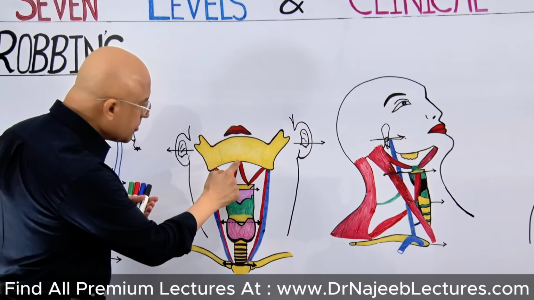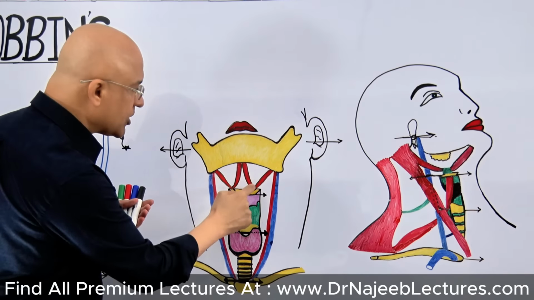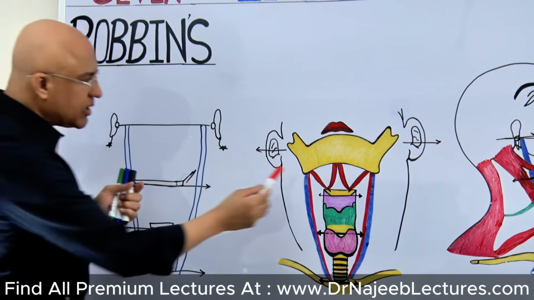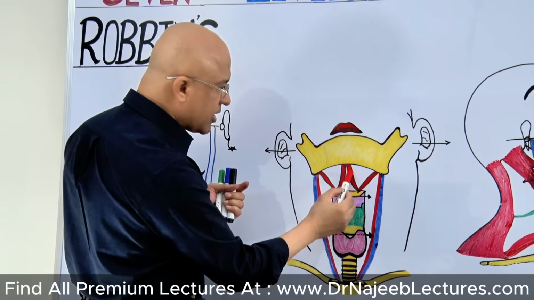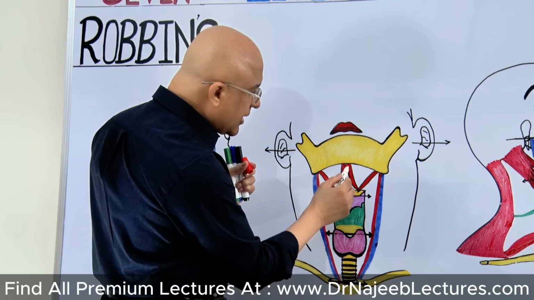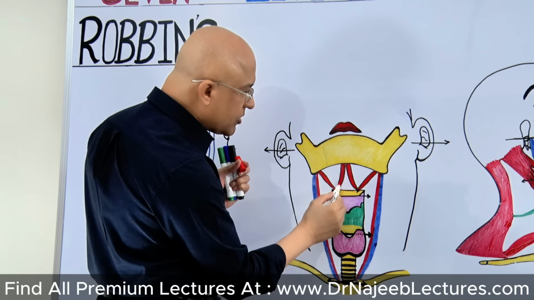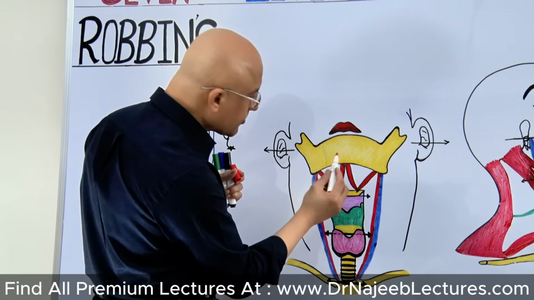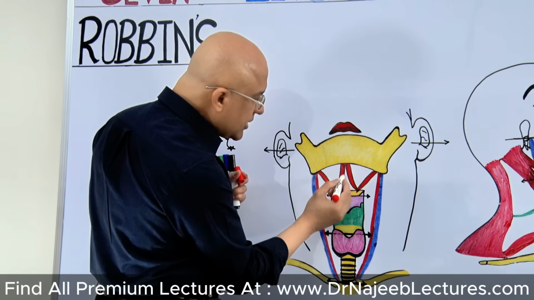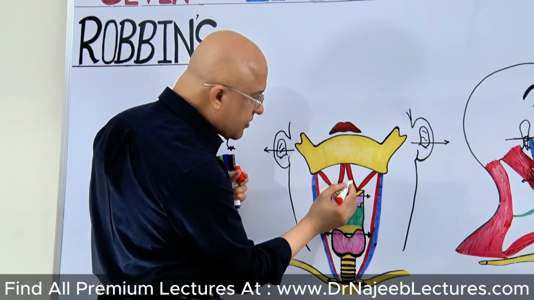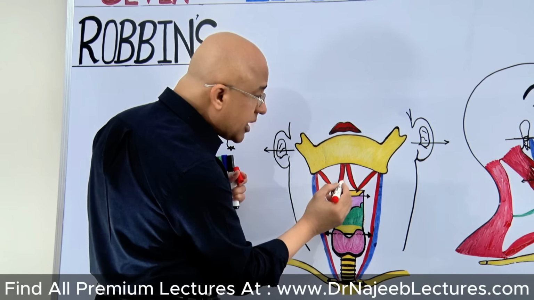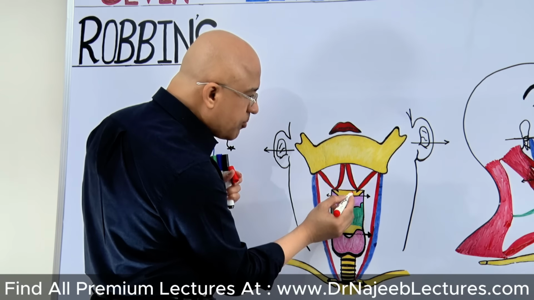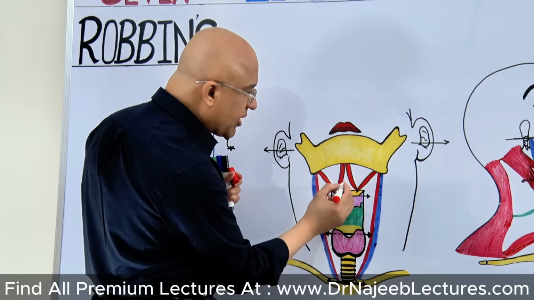But here, this is the digastric muscle. Now, if I draw this digastric muscle, which is already drawn here, these are anterior bellies of the digastric muscles, and these are posterior bellies of the digastric muscles. Now, between the right and left anterior bellies of the digastric muscle, and below the hyoid bone, there is a triangle here.